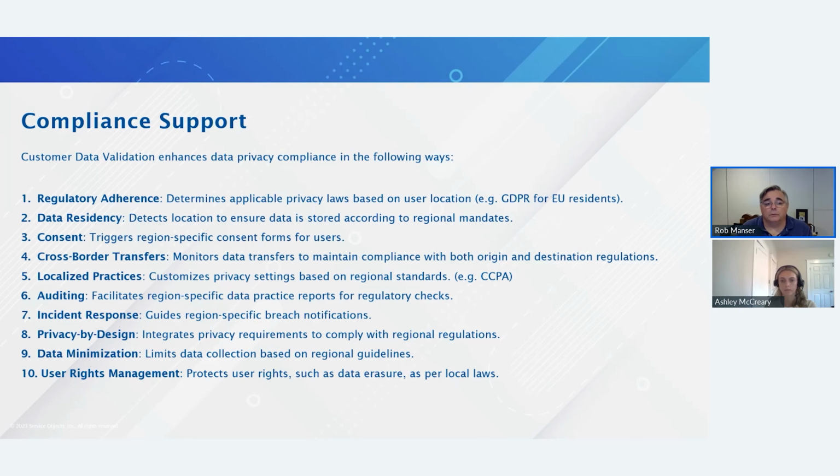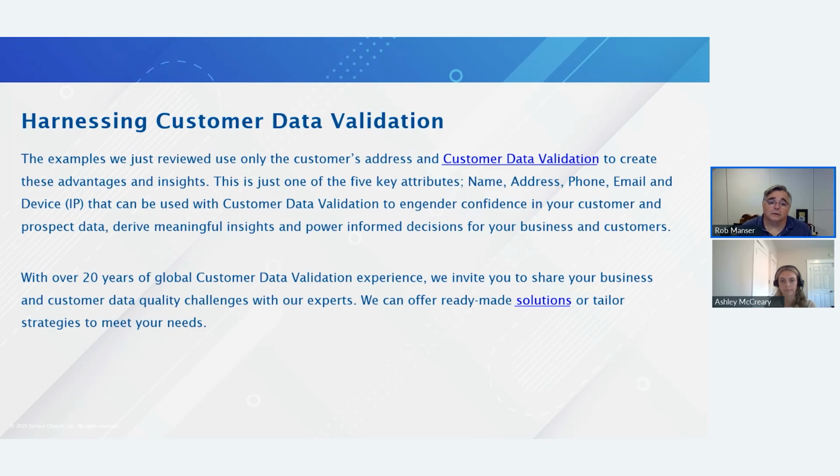So what we're really talking about is harnessing customer data validation. The examples that we just reviewed only use the customer address. And customer data validation really creates the advantages and insights that we talked about. But if you remember at the top, this customer data validation is really focused on key attributes: name, address, phone, email, and device, or the IP of the device.